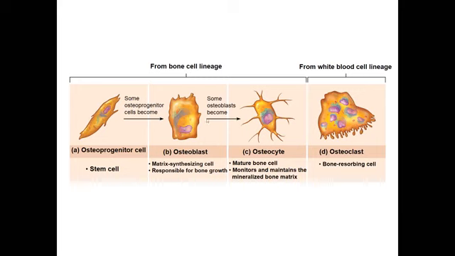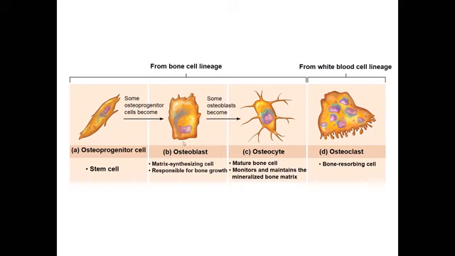And they turn into osteocytes once those osteons form, and we will see that in a tick, how that works, where they basically get embedded into the calcified bone matrix.